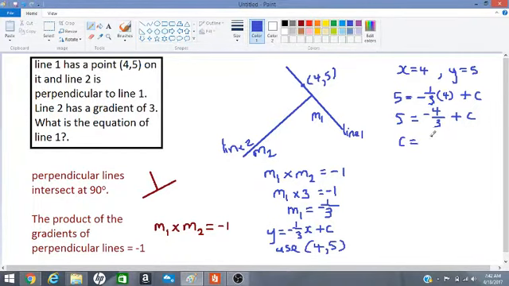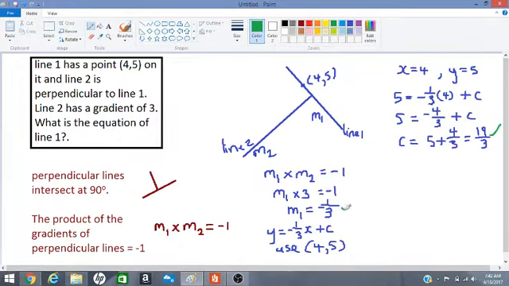So we get 5 plus 4 over 3, and this comes as 19 over 3. That's an improper fraction. Remember that 5 can be written as 15 over 3, and then 15 plus 4 is 19. So now we have our value of c, which I tick off.